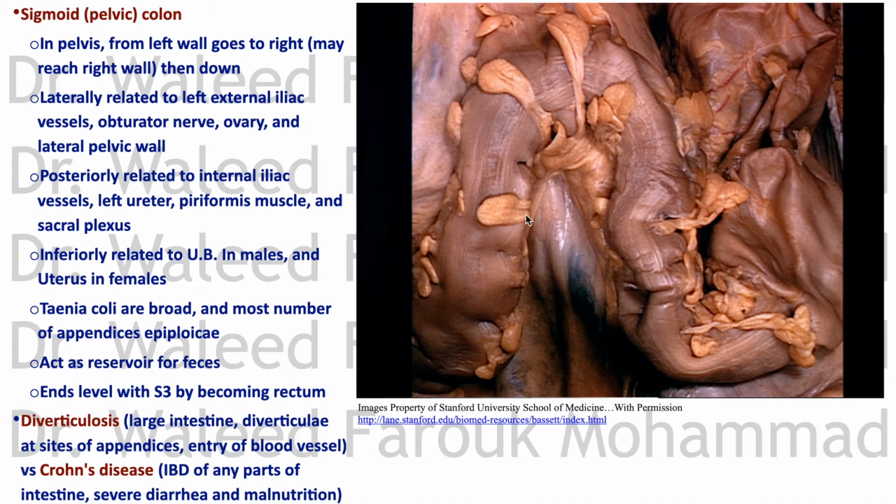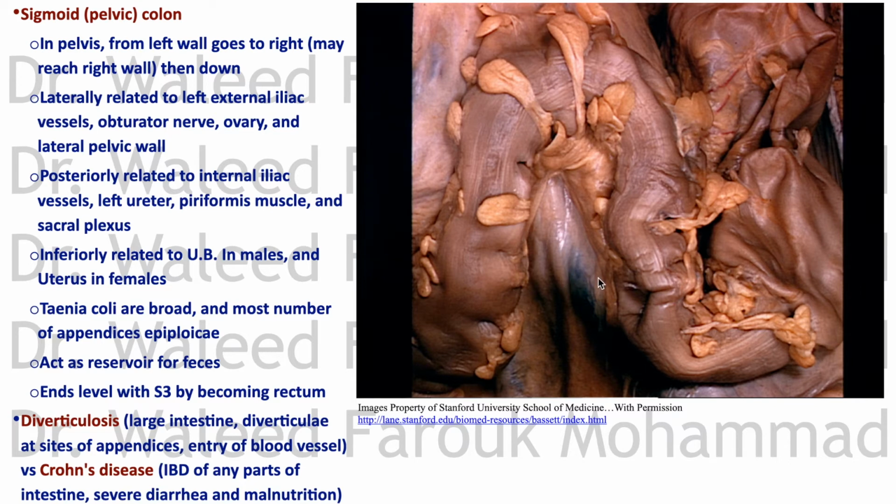By doing so, it takes a triangular-shaped mesentery with it. The mesentery has two roots, horizontal and vertical: the horizontal crossing the external iliac vessels and the vertical root crossing the internal iliac.